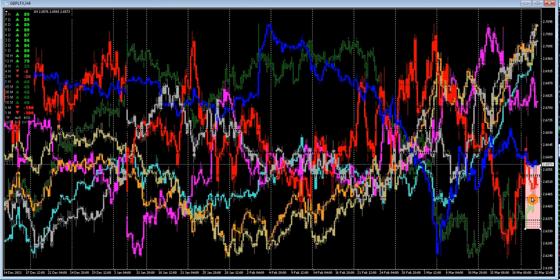Okay. And now the next currencies we know have been strong. Aussie, which is the orange one. The grey one is Canada, and the turquoise here is LFX, and the New Zealand is in here somewhere.